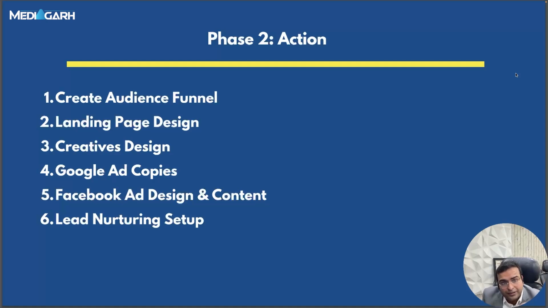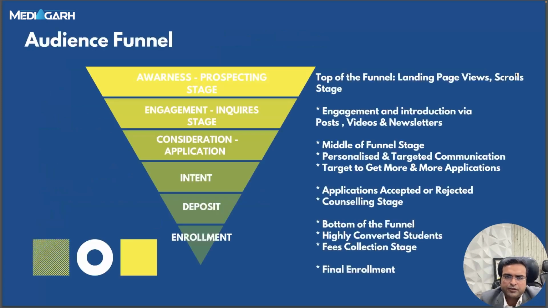Then next comes the creative design, where you have to guide your creative team: I have already checked these creatives, and apart from admission open, I need these communications. You should also give your design team the creative assets, the photos which can be used for the creative design. That is very important. If you do not communicate properly with the design team, you can face issues. Then you can move further and design your Google ad copies and the other nurturing setup.